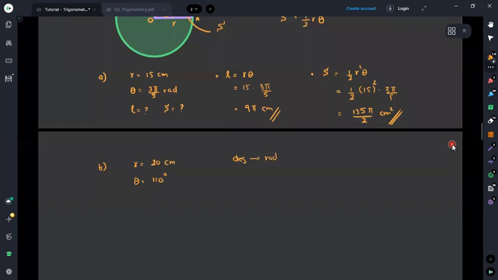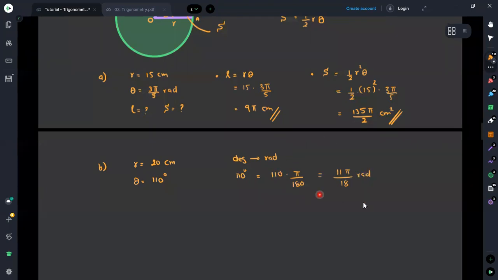So 110 degrees is equivalent to 110 multiplied by π over 180, which is 11π/18 radians.